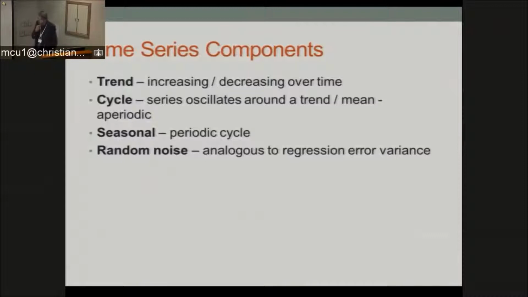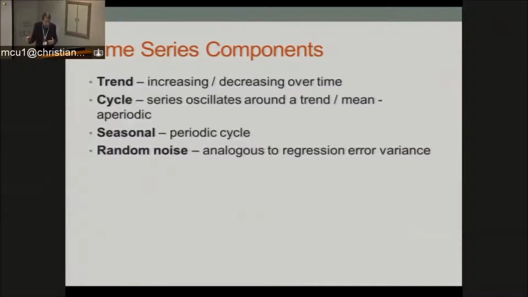Like a stock market crash is, again, a famous example. Then we have what's called a cycle. So the series might be oscillating sort of like sine waves, but it's aperiodic in the sense that it happens at different times, and the cycles are of different lengths.